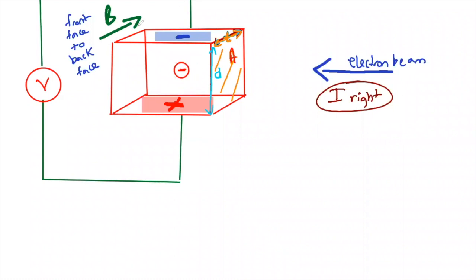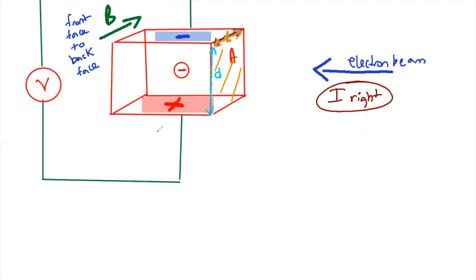Take your left hand, point your first finger towards B. And since current is towards the right, your thumb is going to be upwards. So electrons are going to go up, and electrons are actually going to induce this negative charge.